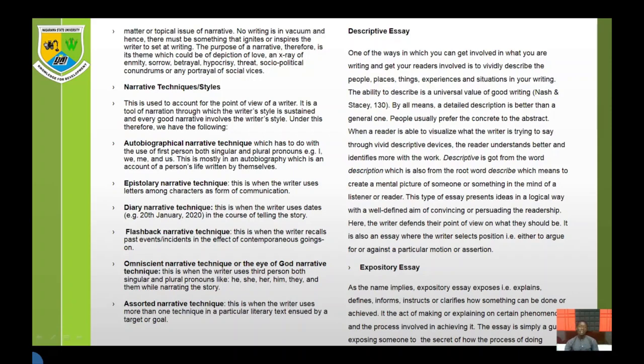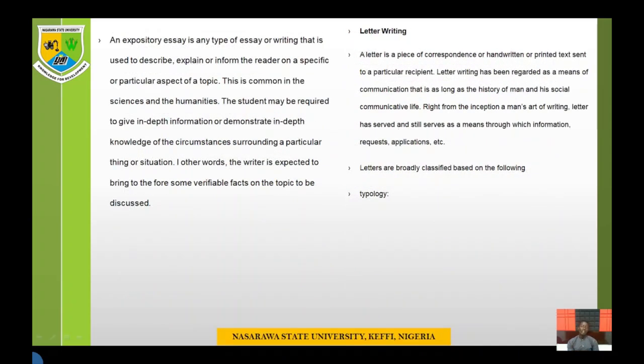Now the next kind of composition is letter writing. A letter is a piece of correspondence or handwritten or printed text sent to a particular recipient. Letter writing has been regarded as a means of communication that is as long as the history of man and his social communicative life.